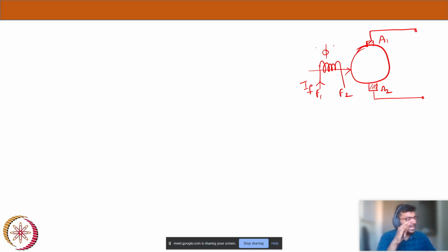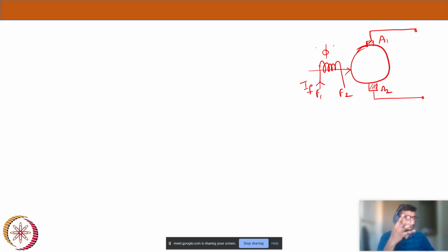Across A1, A2, I want to calculate how much voltage has been generated. Before that, I want to rotate my machine, so I will rotate it using a prime mover. Prime mover is nothing but a shaft, and I will rotate my machine mechanically with it, and then it starts rotating and the EMF will be induced.